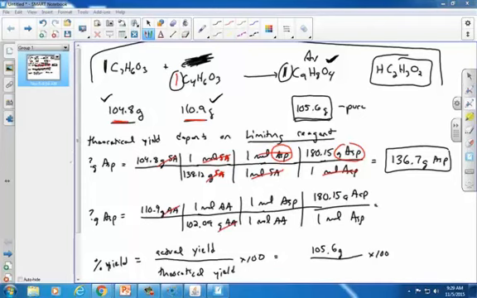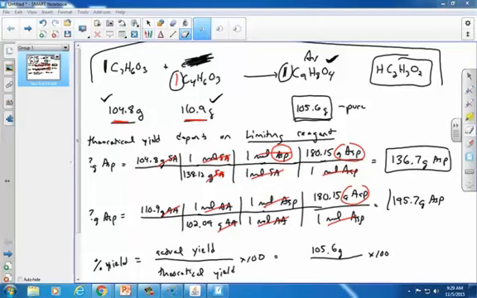Again, everything cancels except the grams of aspirin. So from the starting amount of acetic anhydride I have, I could have made up to 195.7 grams of aspirin.